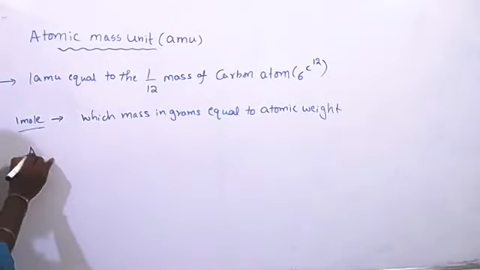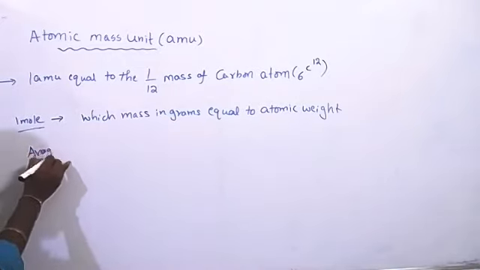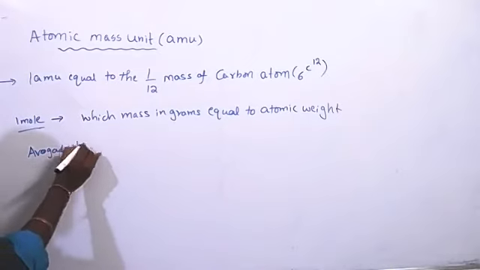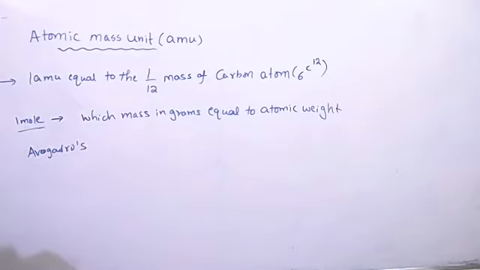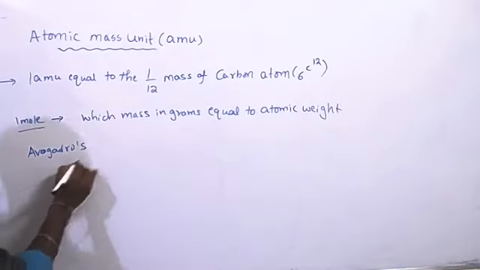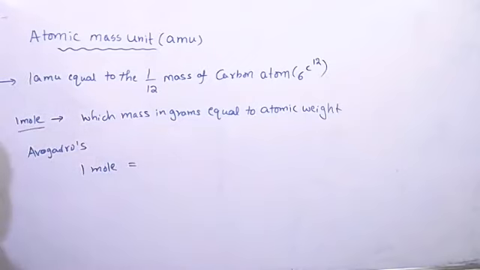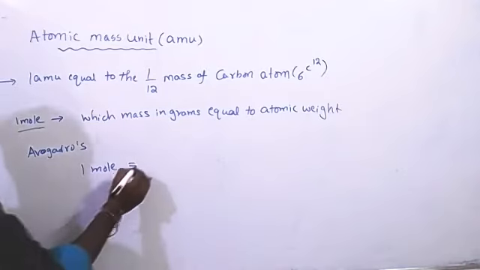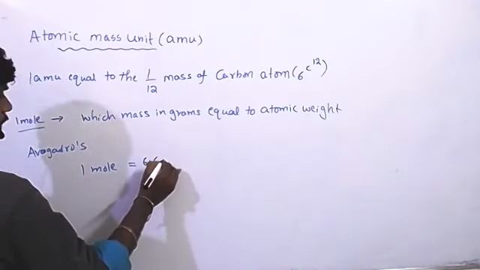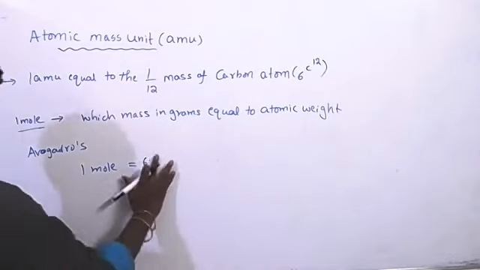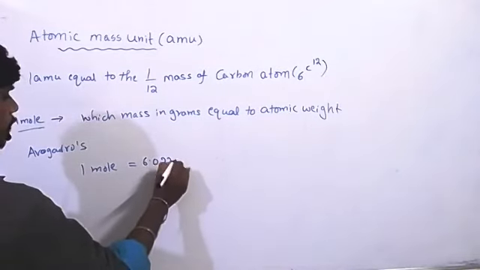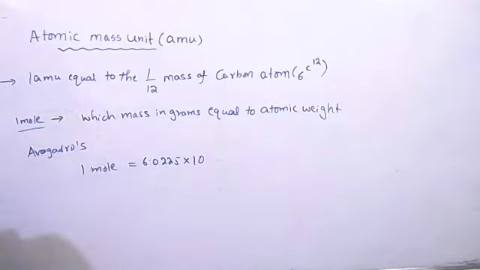According to Avogadro, 1 mole of a substance contains Avogadro number of particles or atoms. Avogadro number means 6.022 into 10 to the power of 23.